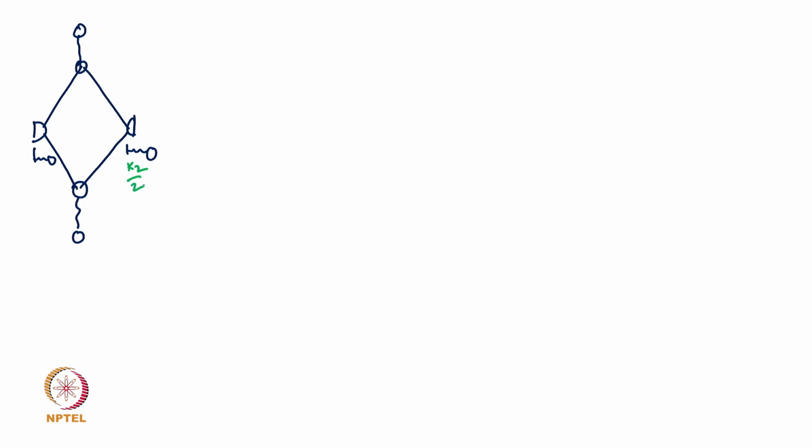This is K2 by 2. This is M2 by 2. This mass is M1 by 2. This mass is Ma. This is M3. This is K3. This is K1. So if we have it this way, we can also name the nodes.